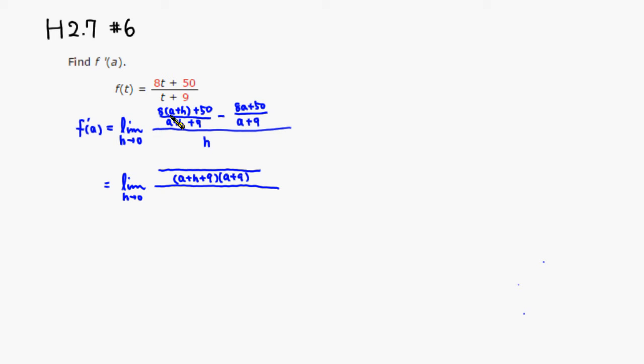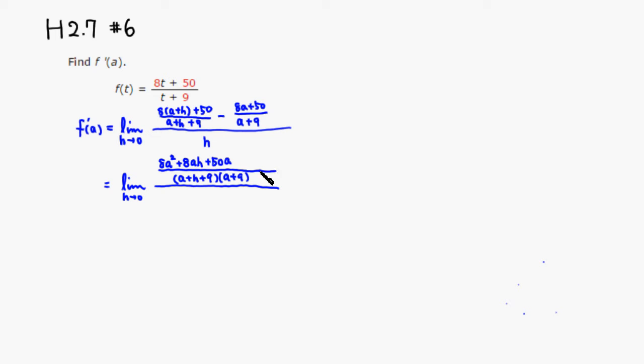So a times 8a would be 8a squared. A times 8h would be 8ah, and then a times 50 would be 50a, so plus 50a.